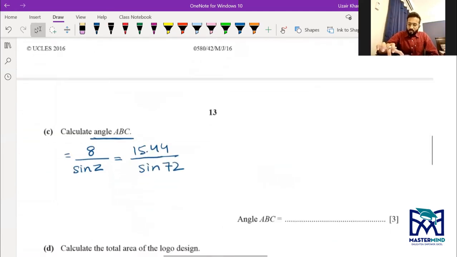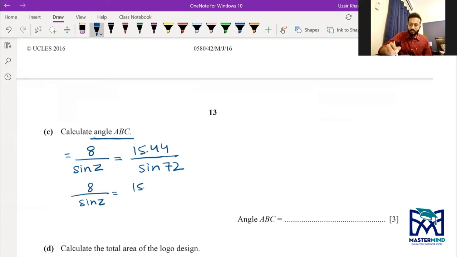Now, in order to carry on this calculation, I'm going to first find the value of sine 72. That is 0.95. So 8 upon sine of angle Z equals 15.44 upon 0.95. In order to solve this, the missing value is in the denominator.